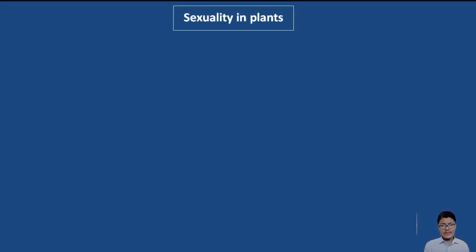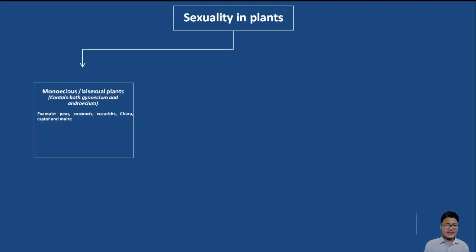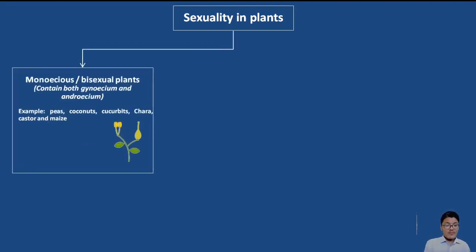Now, there are different sexes in plants. Plants may be monoecious or bisexual, having both the gynoecium, the female reproductive organ, and the androecium, the male reproductive organ. For example, we have peas, coconut, cucurbits, chara, castor, and maize.